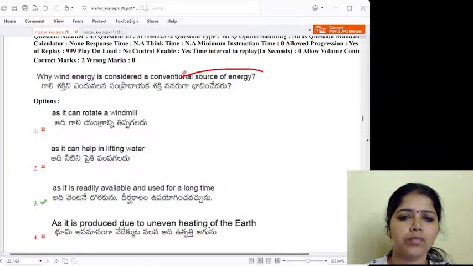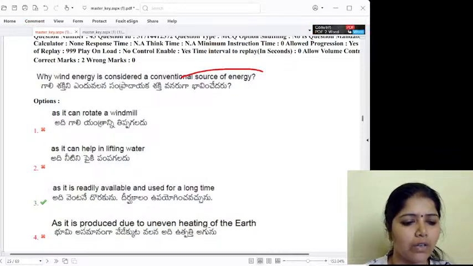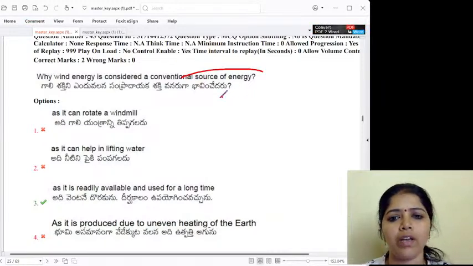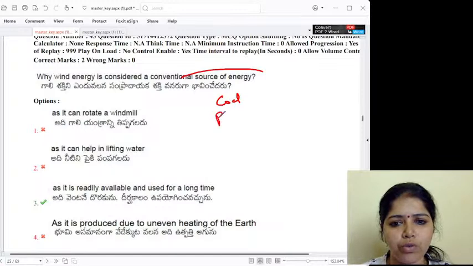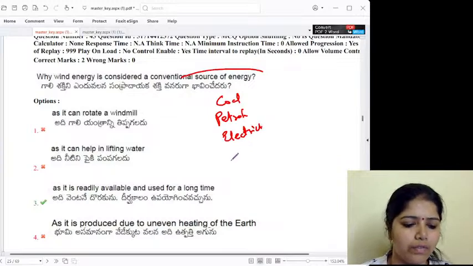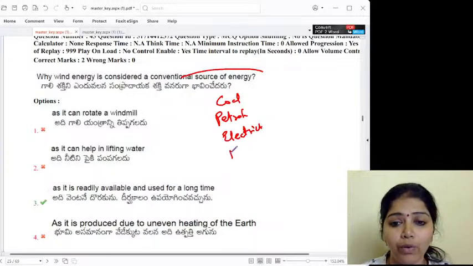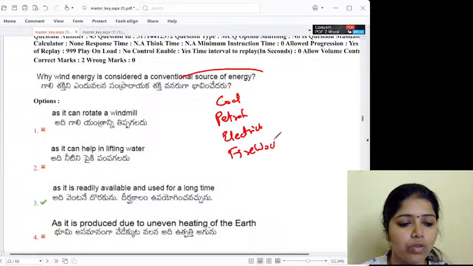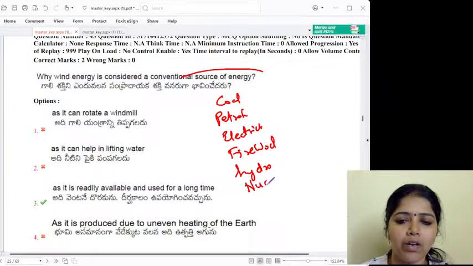Here also, the mistake seems to be. Only with that teaching and research, there are so many mistakes here. The conventional sources of energy, when we say coal, petroleum, electricity, firewood, hydropower, nuclear, all come under the conventional source of energy.